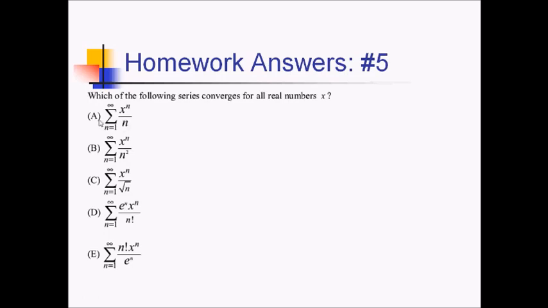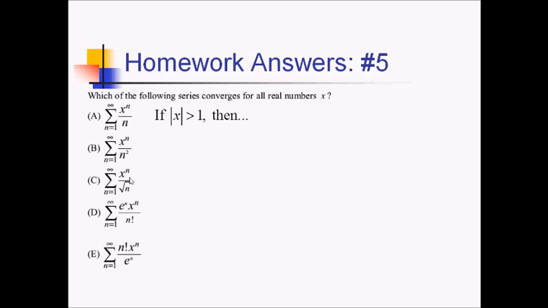Well, in choice A, so this is my if x absolute value is greater than 1 reasoning, then in choice A, we have an exponential over linear, so this is going to diverge because its nth term test makes this go to infinity. Choice B, it's a top-heavy function, so it'll also diverge.